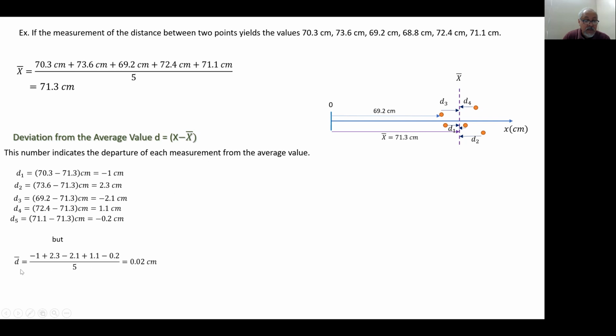The average is 0.02 centimeters. Actually, if we had hundreds of trials, this average should be 0. But as you can see, this time it is not 0. In this case, we are dealing with the deviation, taking into account the sign.